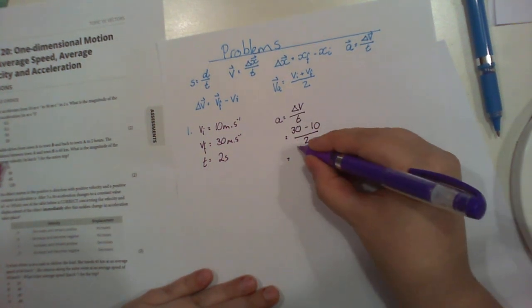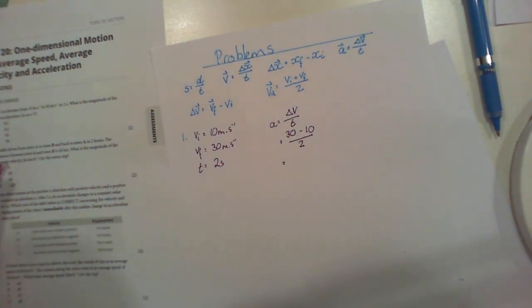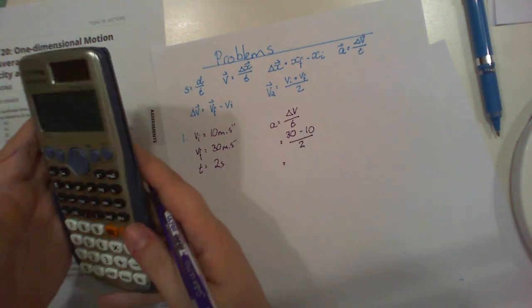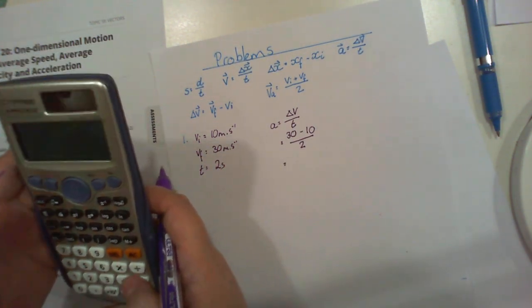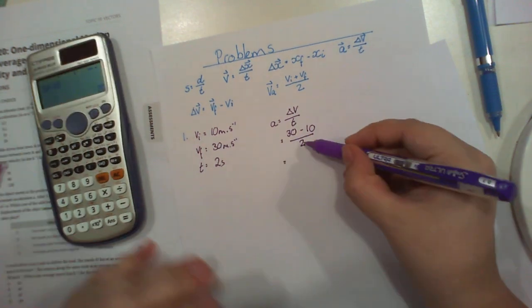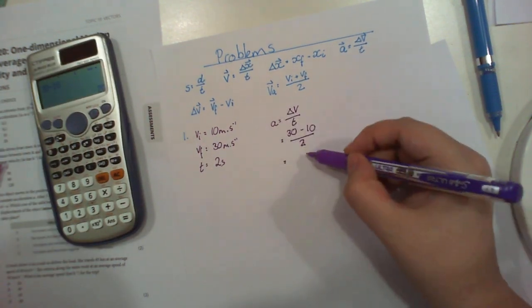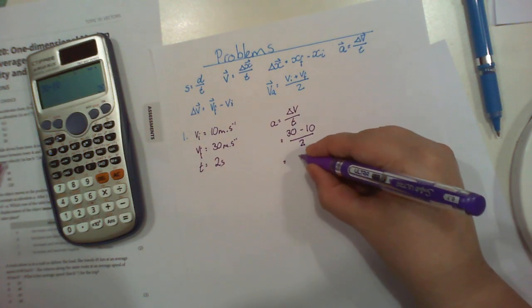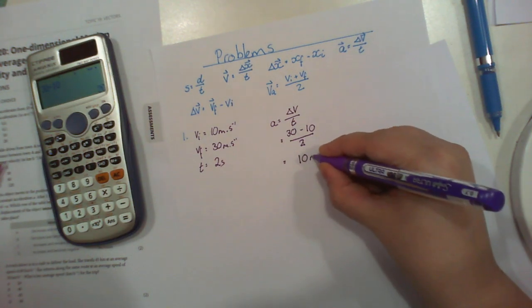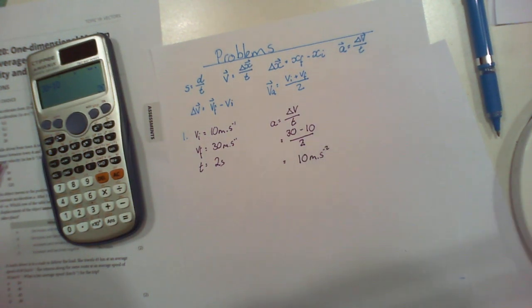So we get 20 over 2. Now, because this is not maths, this is physics, you will not be given marks just for doing the maths. So you can just skip to the final answer, which of course will be 10 meters per second squared.